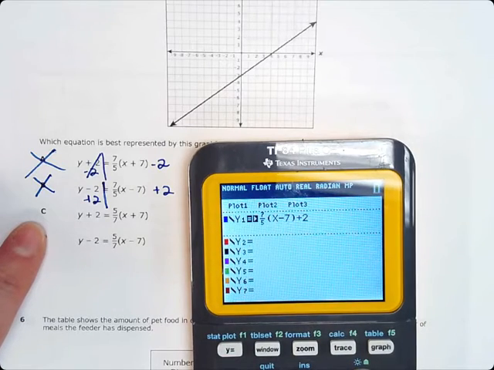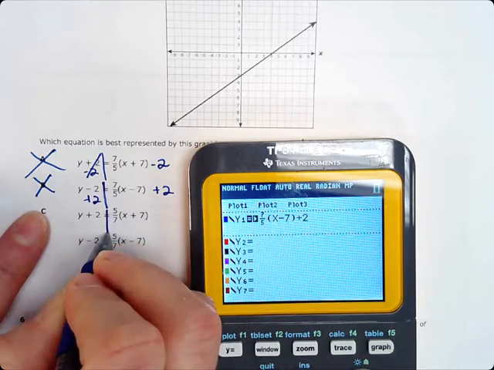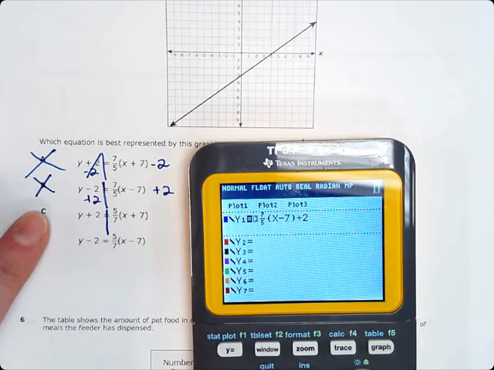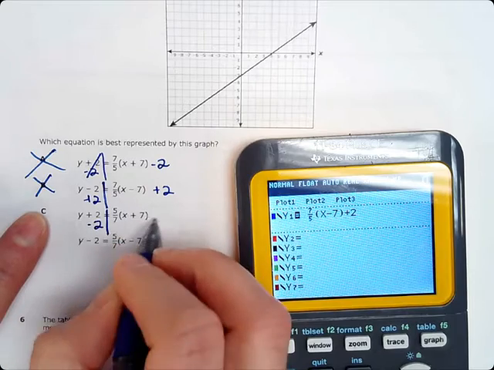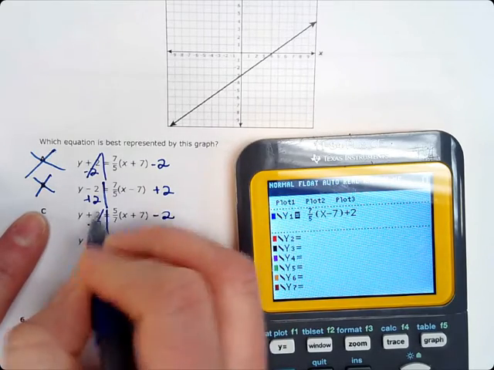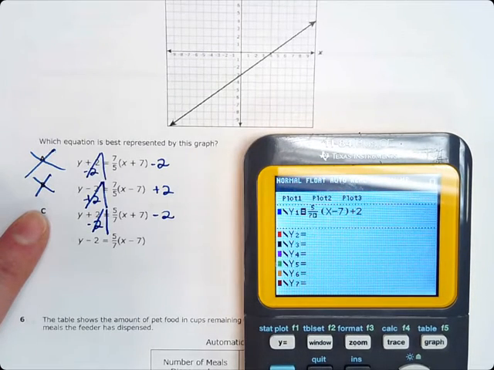Okay, let's go and do the next one. What do I need to do to get this to say y equals? Subtract 2. So now the coefficient out there is now 5 over 7.